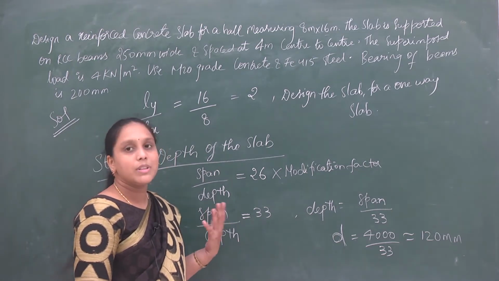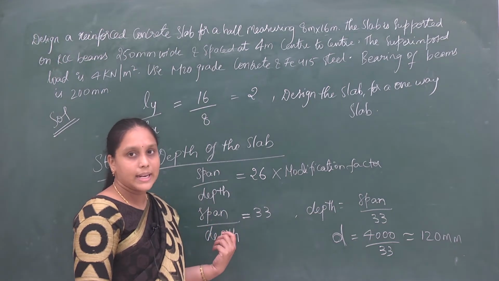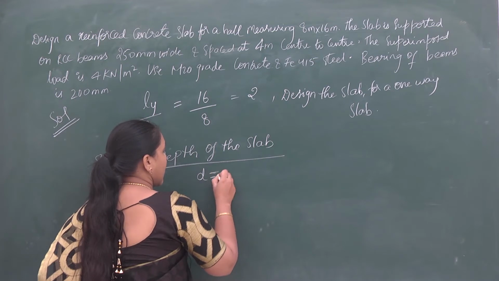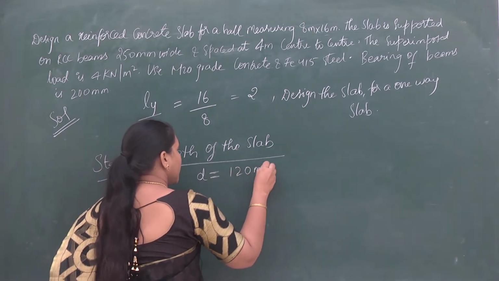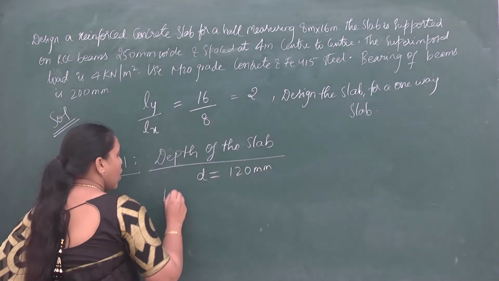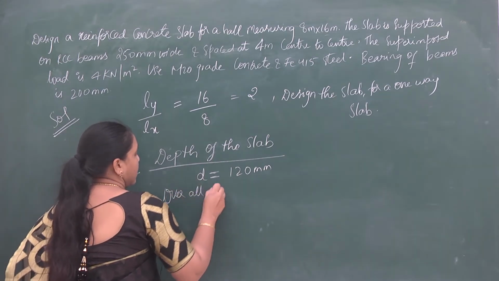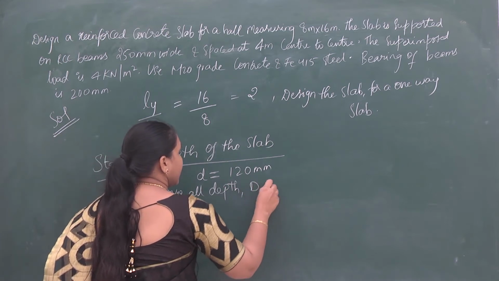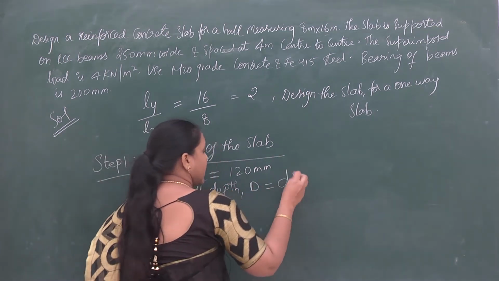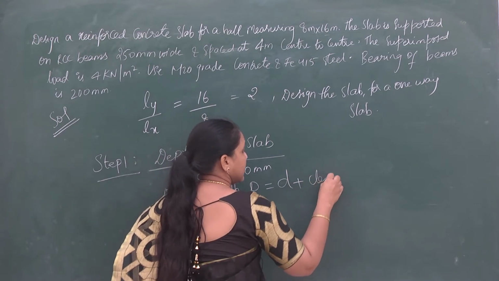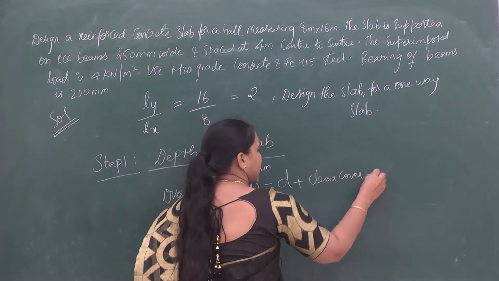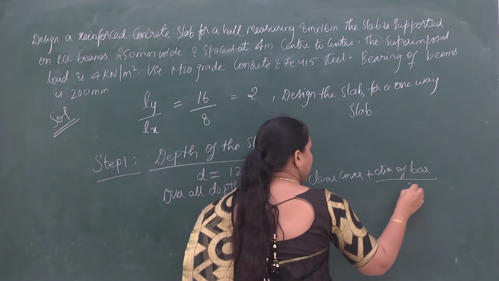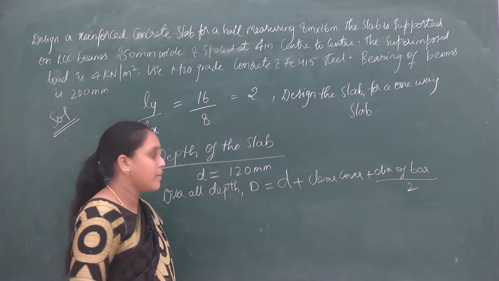The effective depth of the slab is 120 mm. So the overall depth D, how will we calculate? It is the effective depth d plus the clear cover plus the dia of bar divided by 2.